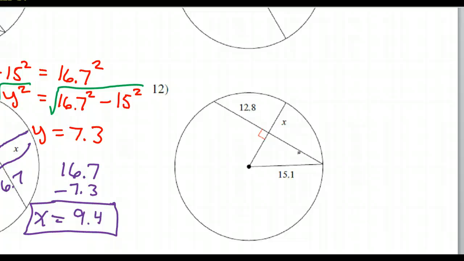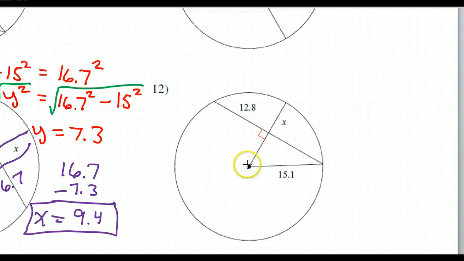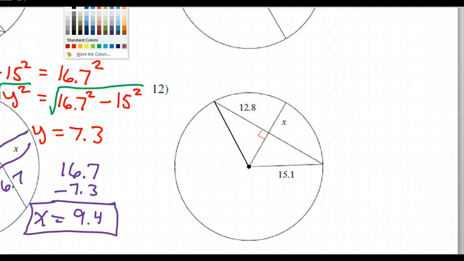Pause the video and do number 12 on your own, on a sheet of paper, and then come back and see if you got the right answer or not. I'll wait. Okay, let's pretend that you paused the video like I suggested. We both know that that was the wise thing to do. Whether you actually did it or not is up to you.